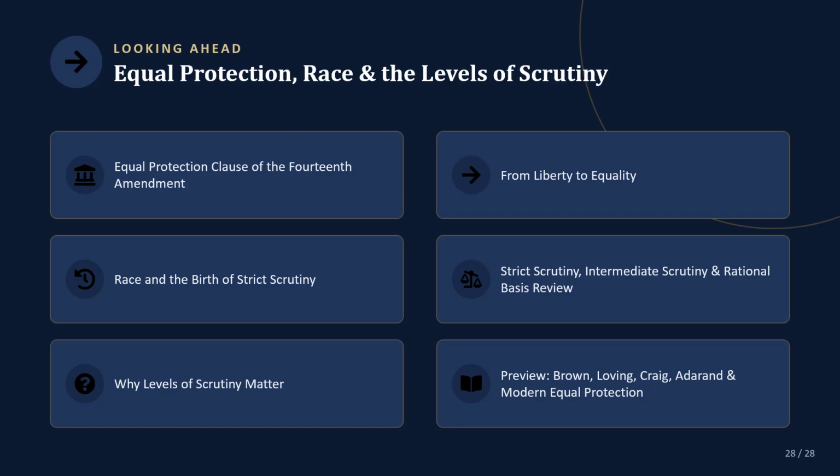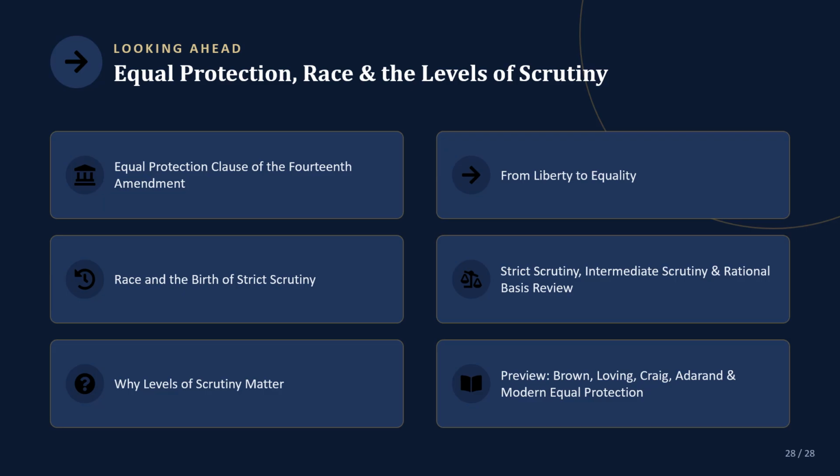Now, as we close today, let's look ahead to the next one, and that is the Equal Protection Clause of the 14th Amendment, moving from liberty to equality. We're going to talk about how race and the birth of strict scrutiny shaped equal protection doctrine and formally defined the three levels of scrutiny. We have strict scrutiny, intermediate scrutiny, and rational basis review.